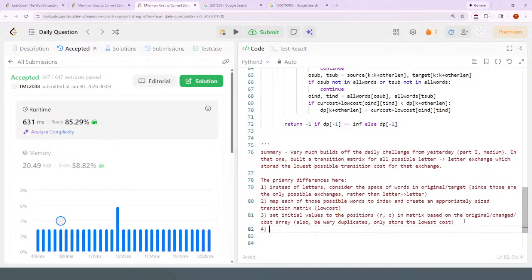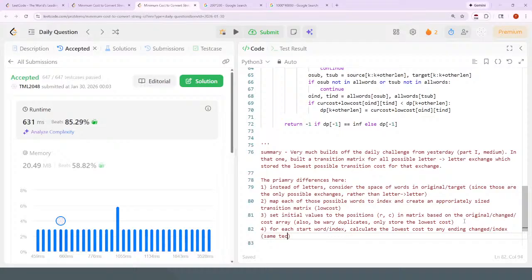And then for each starting word or word index, calculate the lowest cost to any ending index.